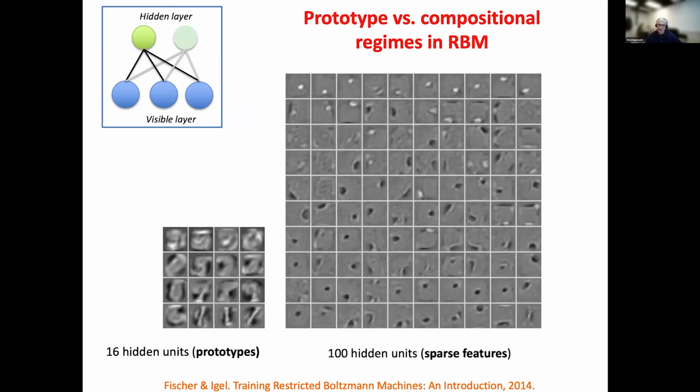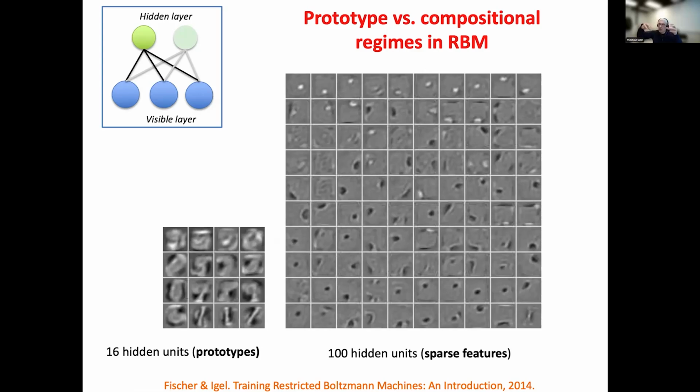One regime where the hidden units are representing prototypes, so each hidden unit is representing some kind of average digit, a model digit. And another regime, where if you have many hidden units, you can represent local patches.